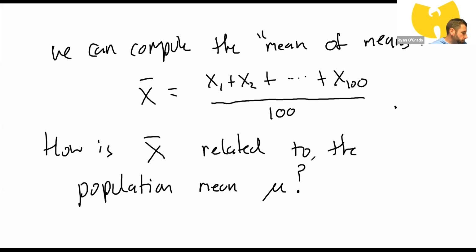So does anybody have a question about what I'm alluding to, or rather what I'm suggesting we can do? Let me reiterate this. We want to know the average height of every adult human on the planet. It's impossible to measure every adult human on the planet.